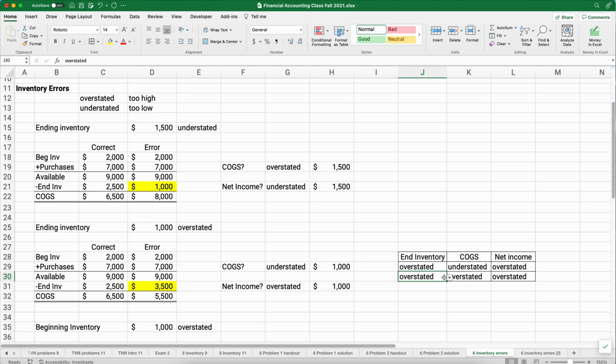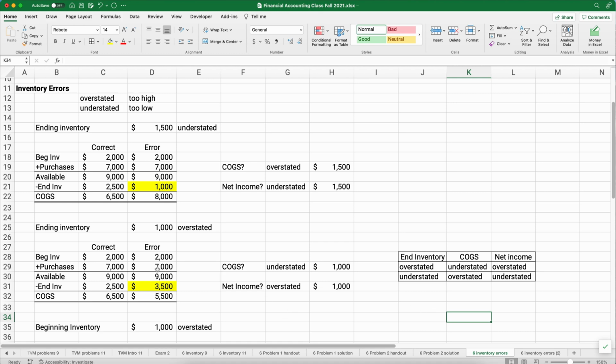Well, what if our ending inventory is too low, like the first example? That means our cost of goods sold is going to be too high, overstated, and our net income is going to be understated. So here's a chart you can use to think about the effect of ending inventory error on cost of goods sold and on net income.